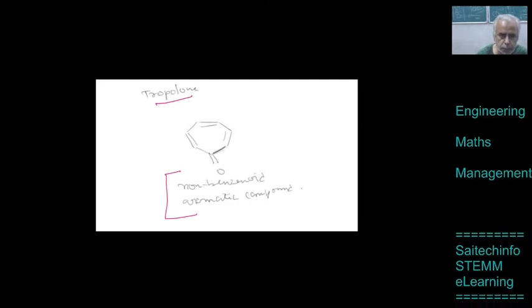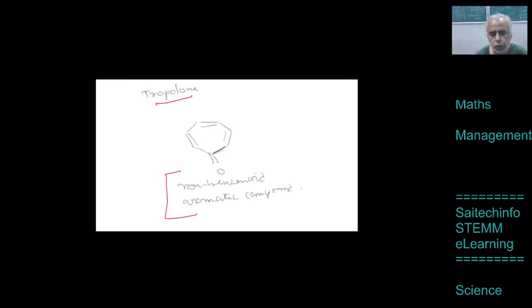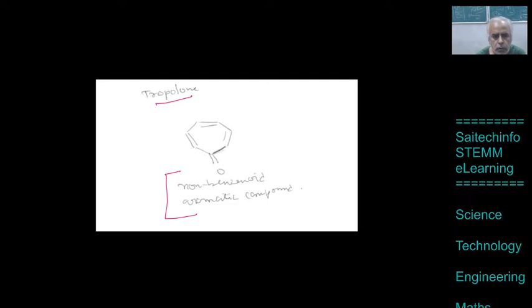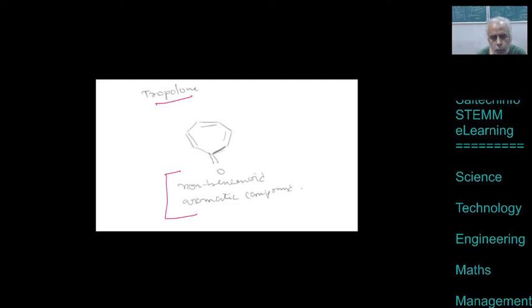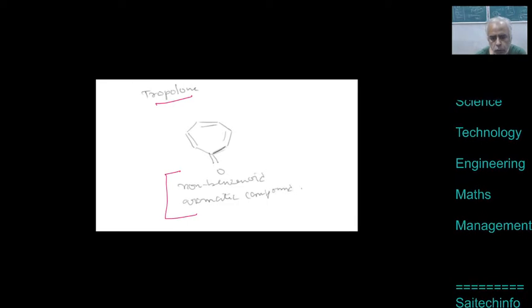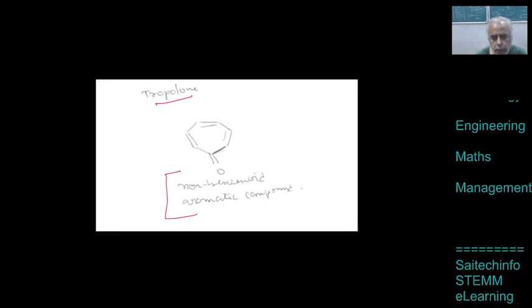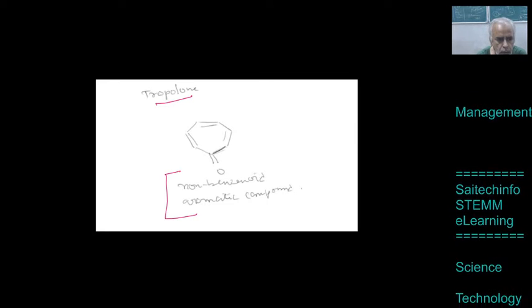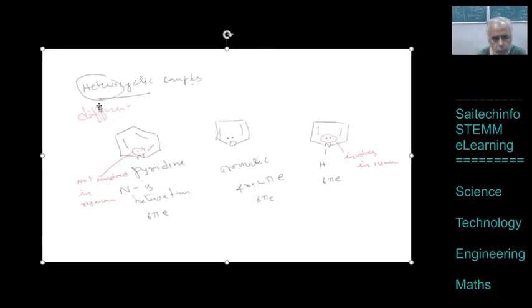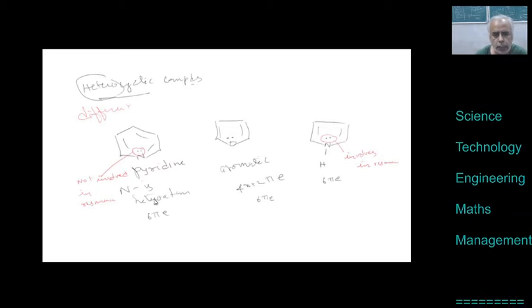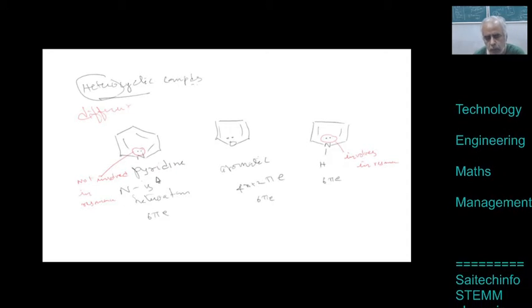So what is the example of a non-benzenoid aromatic compound? Anyone? Tropolone. Now, as I already explained about heterocyclic compounds, let us check the aromatic behavior of some of them. For example, pyridine.